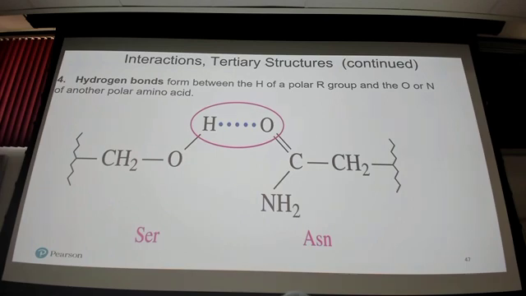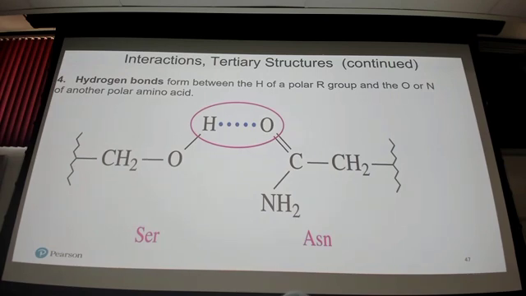Then hydrogen bonds. I'm kind of sick of talking about how everything is a hydrogen bond, but it's common. We talked about different examples of hydrogen bonding in the secondary structure, but tertiary structure also has hydrogen bonding, and that's when you have a polar group of one amino acid interacting with an oxygen or nitrogen in another polar group.